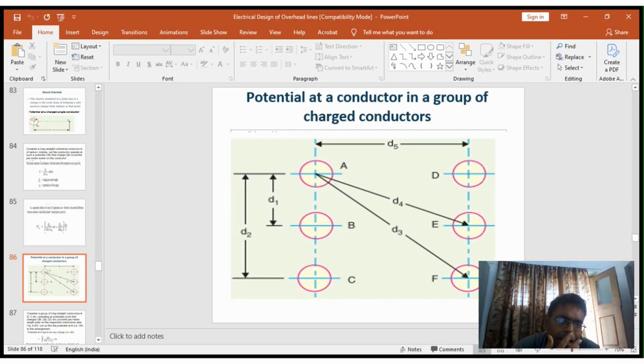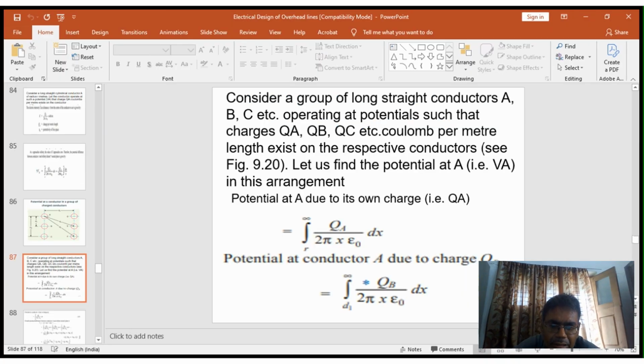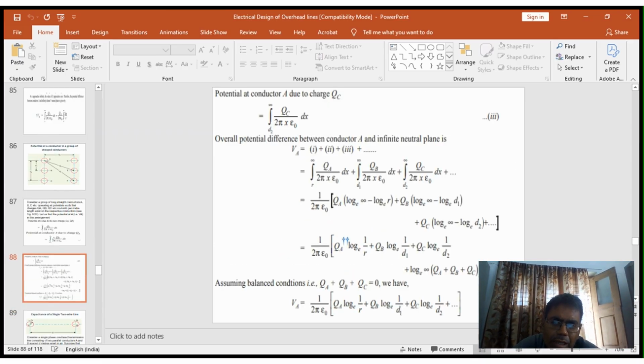The potential of a conductor in a group of charged conductors is due to its own charge and the mutual effect of the other conductors. The potential of conductor A due to its own charge, the potential of conductor A due to the charge Qb, and likewise due to the charge Qc. Add all these values, then we get the total potential difference from conductor A to the infinite neutral plane.